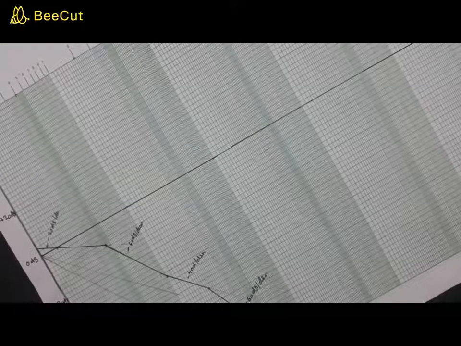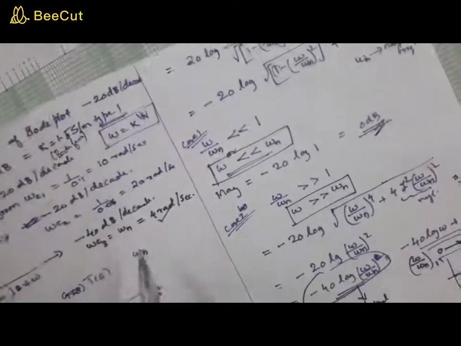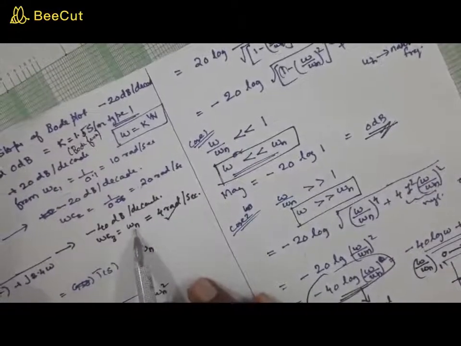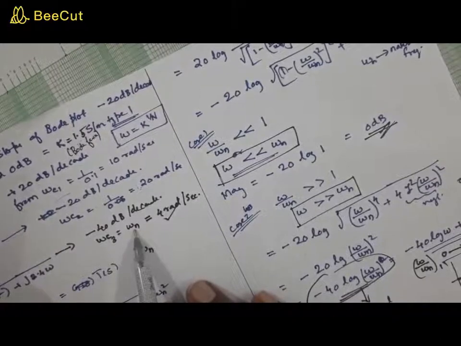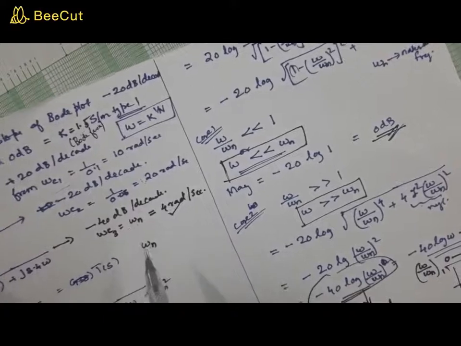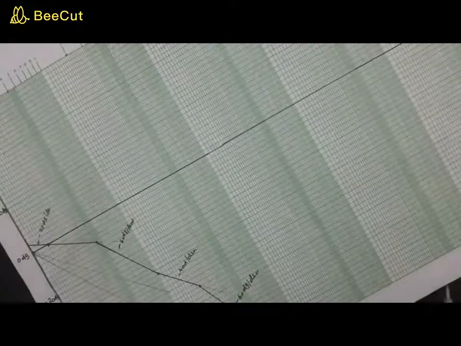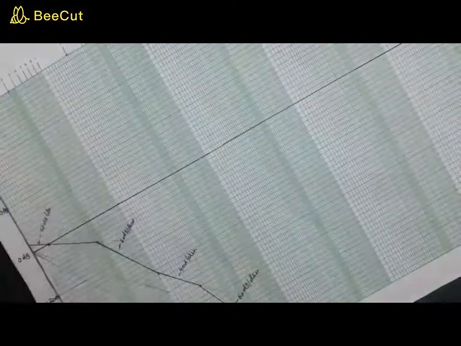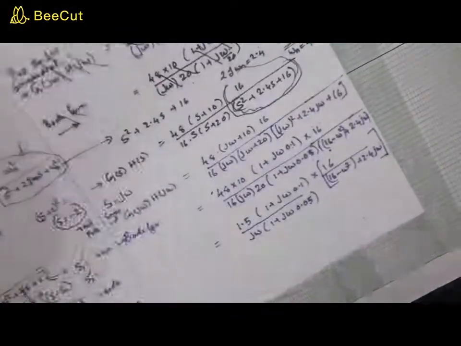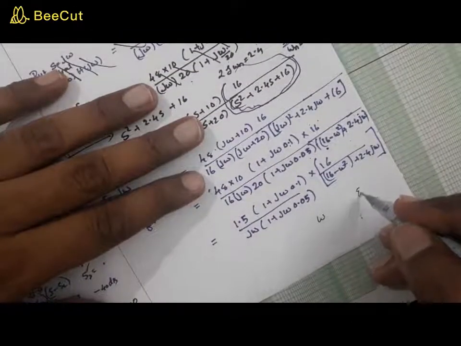Now we'll see that. So anyway, the corner frequency is found out to be equal to the natural frequency, right? And for a second order system, we have derived the equation for the resonance peak. Hope you may be remembering that. The resonance peak occurs at a value of theta.